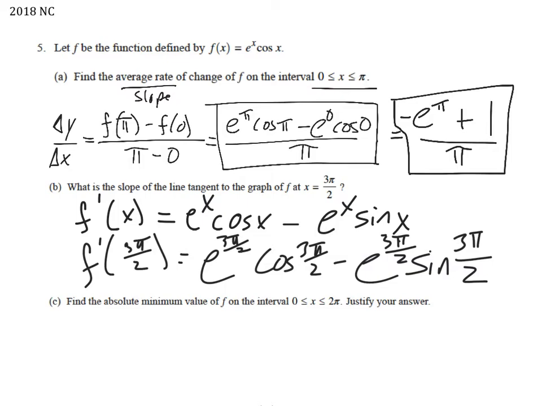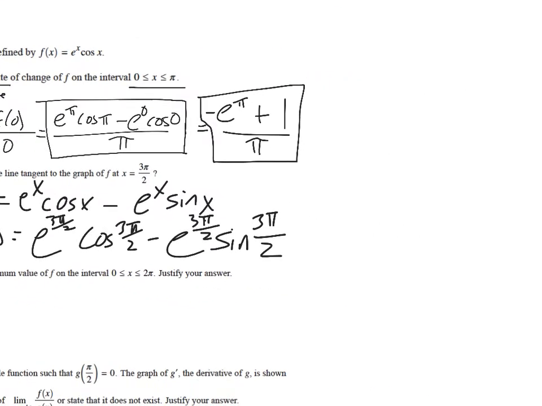Do be careful. My 3 pi over 2 here doesn't quite look like an exponent, so I'll have to write neatly in my next step. You could probably leave it that way, and you would get credit for it there. But it's a good idea to go ahead and evaluate the sine and cosine, the trig functions there.